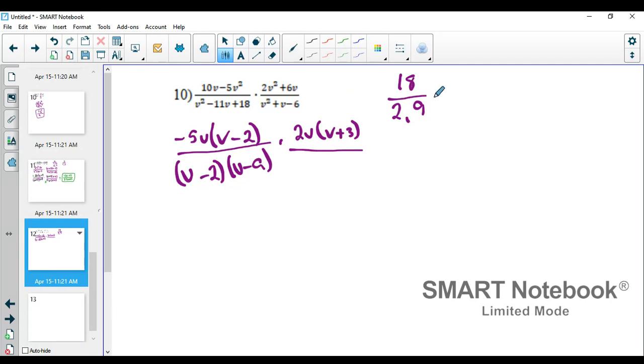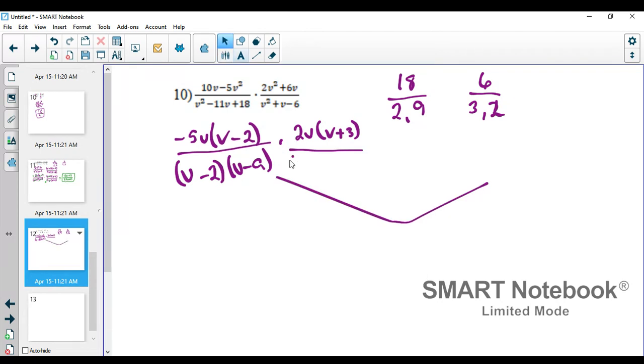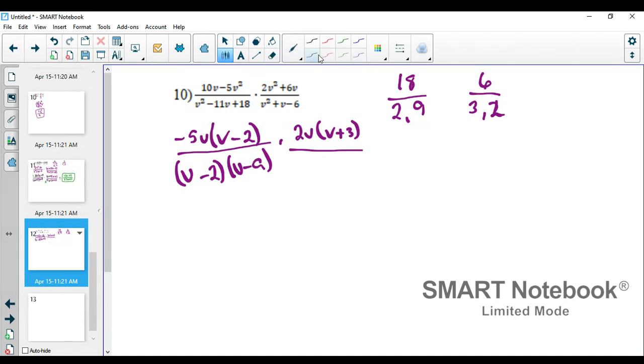And then to factor this, the only factors of 6 that are going to get us positive 1 are 3 and 2. I should probably finish writing before I move on in my sentence. So this factors into v plus 3 and v minus 2.